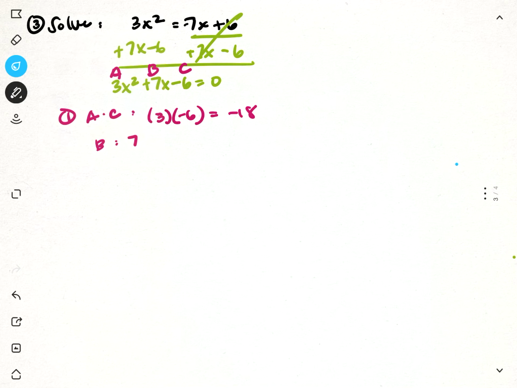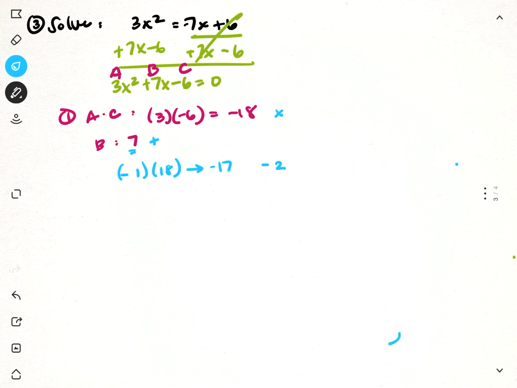Okay, so now we're trying to find what multiplies to get negative 18 and adds to get 7. Negative 18 has a little bit more factors to go through. So we could do negative 1 times 18. If we add those, we end up with 17. That's not the one. We're looking for 7. We could do negative 2 times 9.